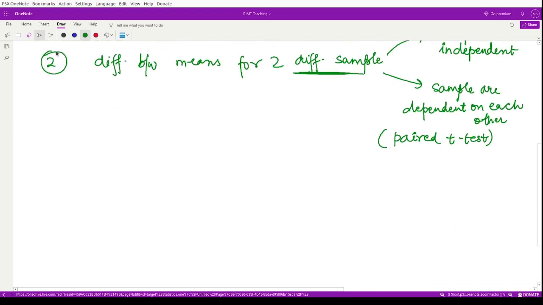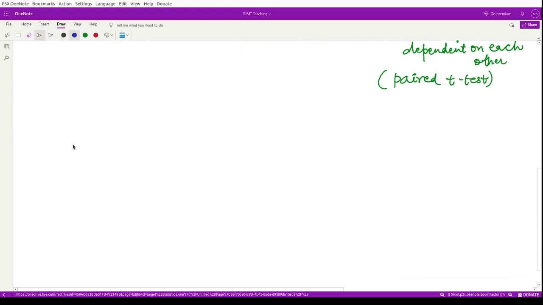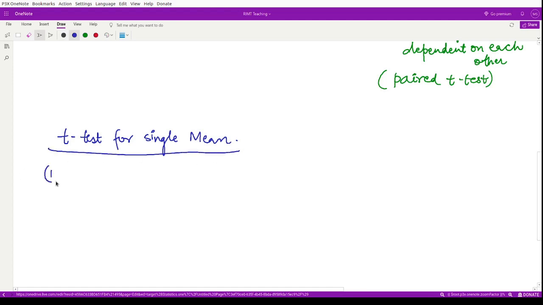So first of all, we are going to start with t-test for single mean, right? So when do we use this test? You use this test if you have a random sample present with you.